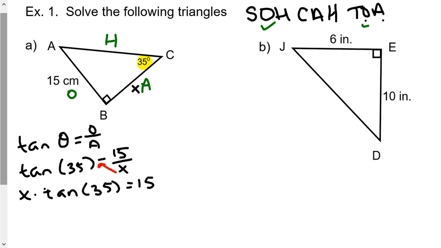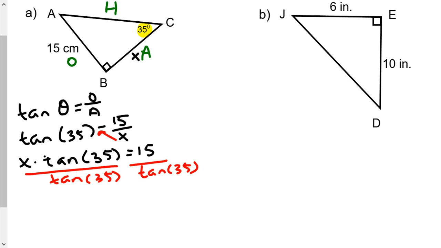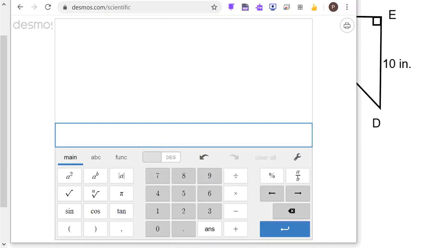Now to get x by itself, I do the divide portion. I divide by tangent 35, which remember is just going to be the decimal form. That's the ratio of how the opposite and adjacent sides are related for an angle of 35 degrees. x equals, and this is where I pull out my calculator, making sure it's in degree mode. You see that degree somewhere on your calculator.